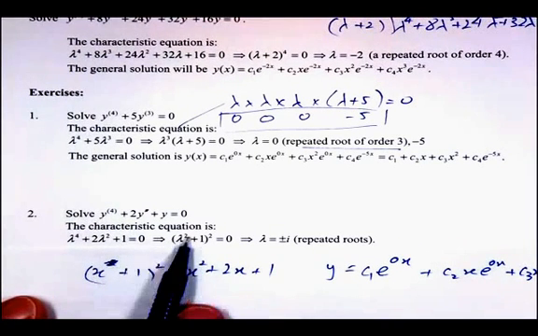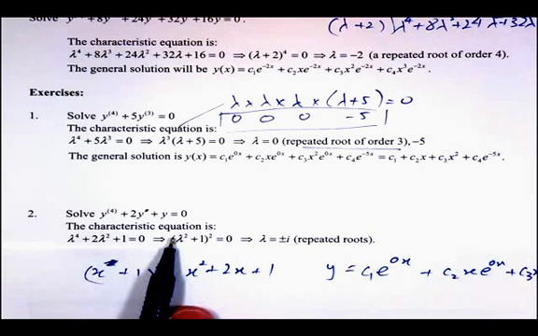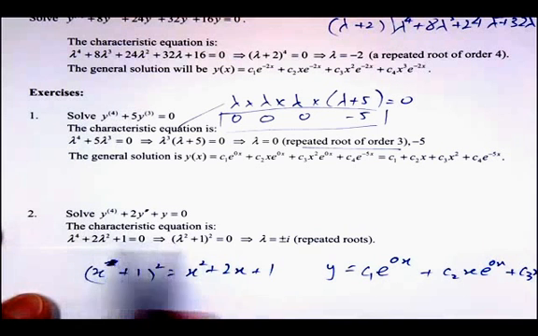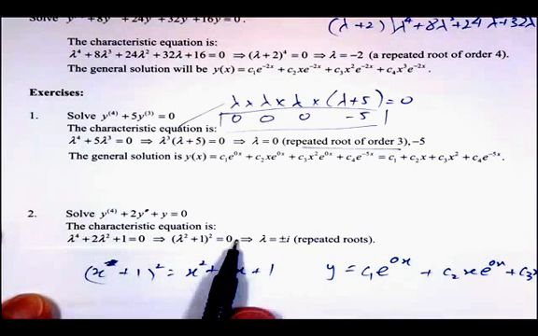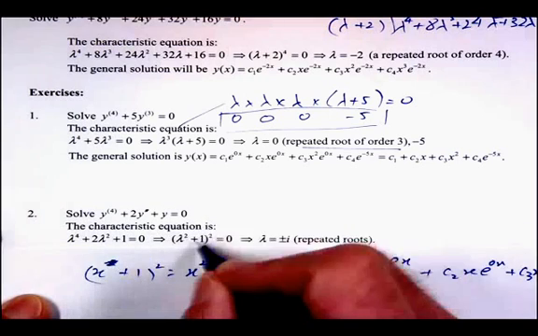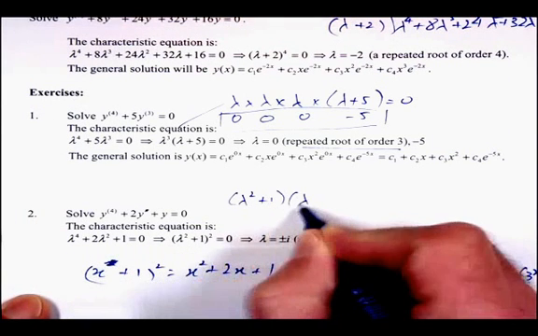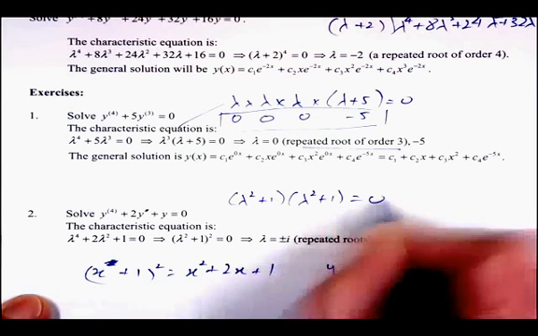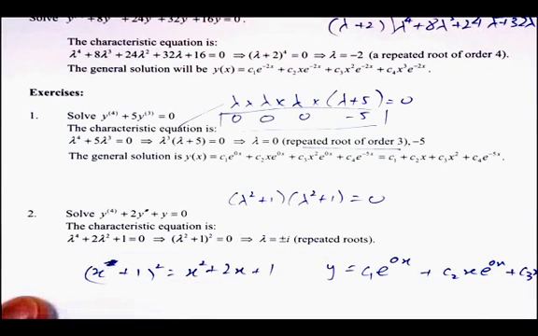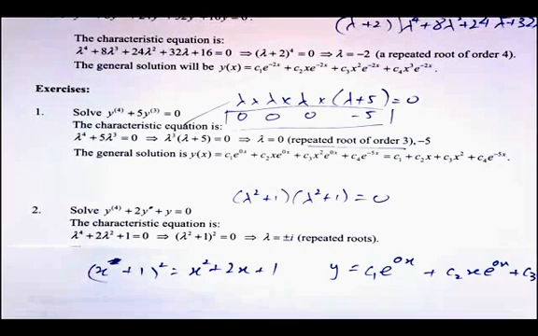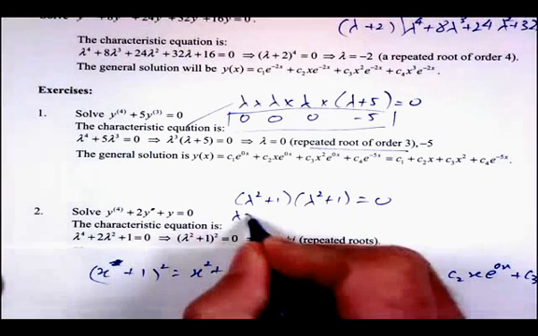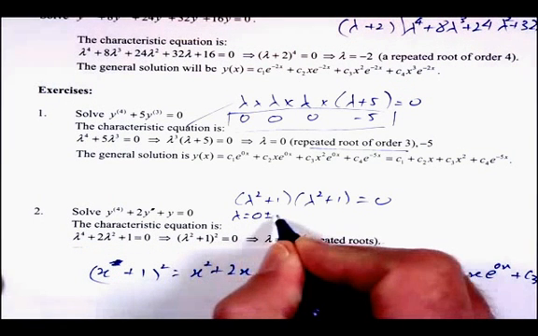Now that's not hard in terms of this unit. That's hard if we haven't got our basic ideas and know really well how to factor quadratic polynomials. Now, as soon as we see this, this tells me that I've got lambda squared plus 1 times lambda squared plus 1 equals 0. This first factor will give me lambda squared equals minus 1. So I'll get lambda equals 0 plus or minus 1i from that.